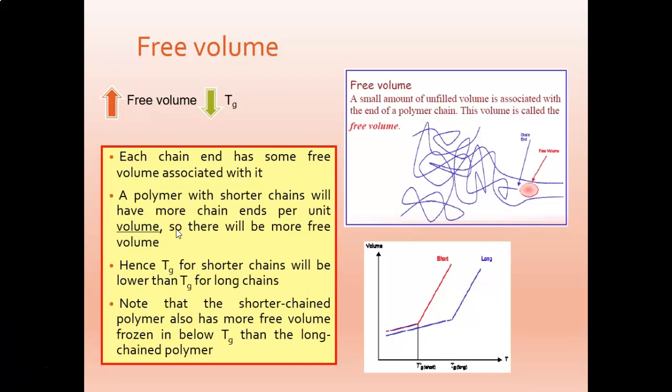Why? Because a shorter chain has more chain ends per unit volume, so there will be more free volume. Note that the shorter chain polymer also has more free volume frozen in below Tg than the long chain polymer.